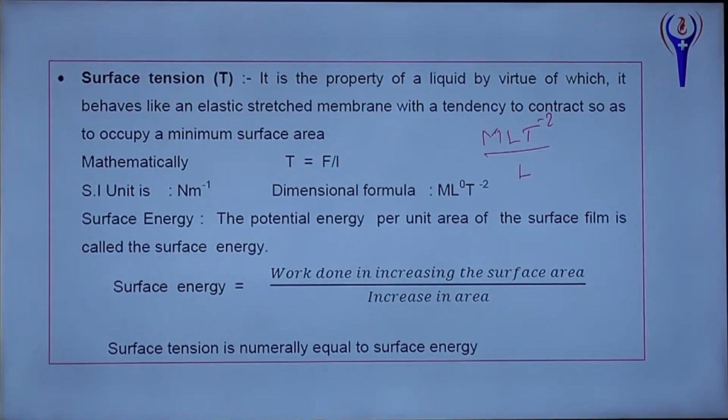Surface energy. Surface energy is the potential energy per unit area of the surface film. Surface energy is equal to the work done in increasing the surface area, by increasing the area.